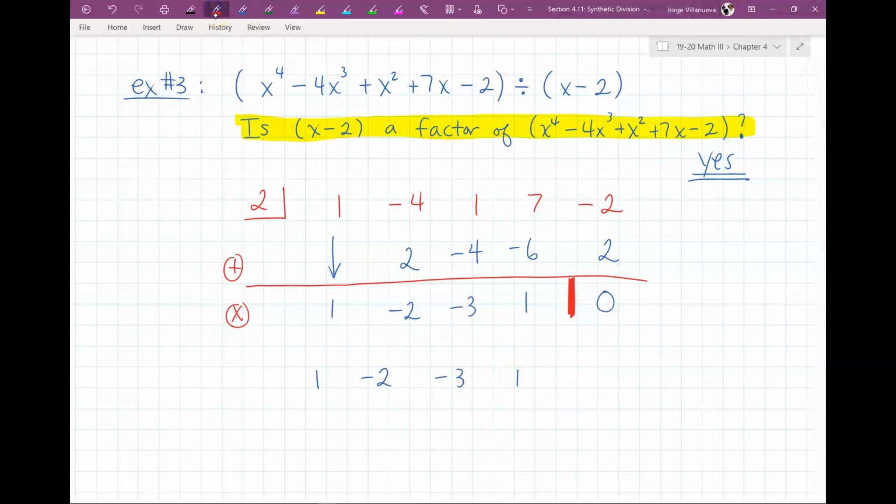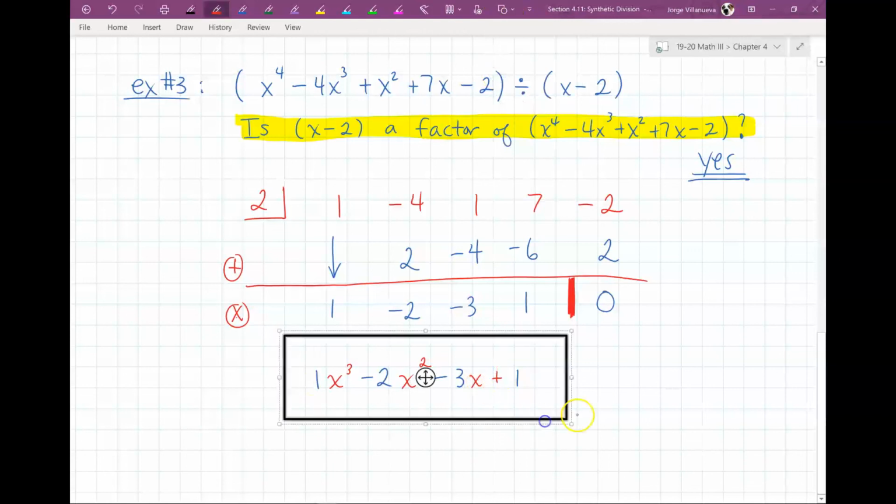And then I think, okay, originally my highest power was x to the 4th. So that means my power has to go down 1. So it's going to be 1x cubed minus 2x squared minus 3x plus 1. And that would be my solution to this.